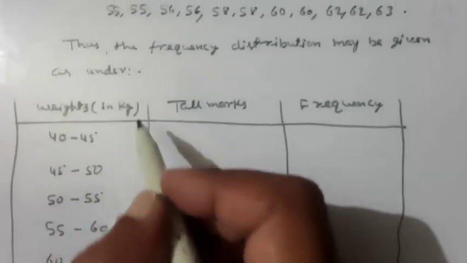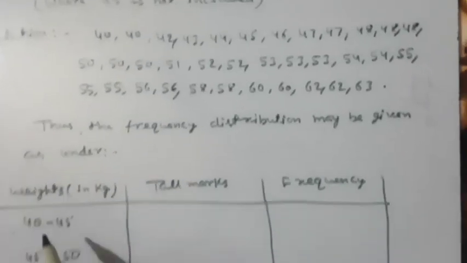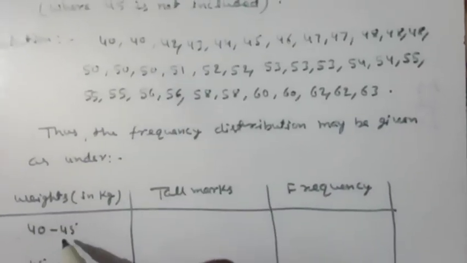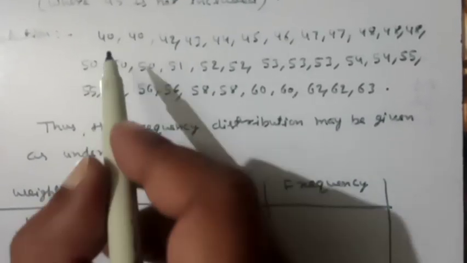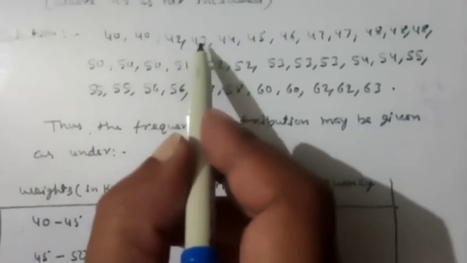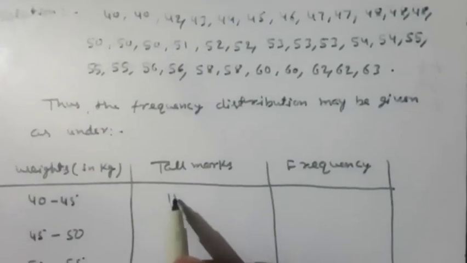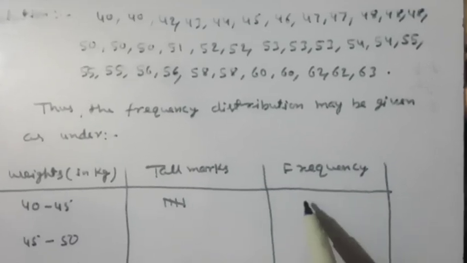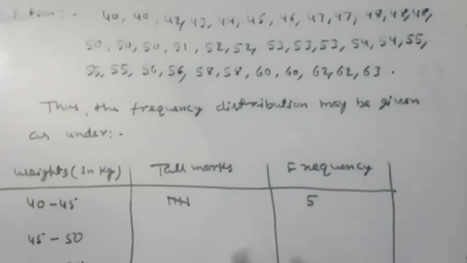Now count the observations in 40 to 45, where 45 is not included: 1 2 3 4 5. This is tally marks and frequency is 5.